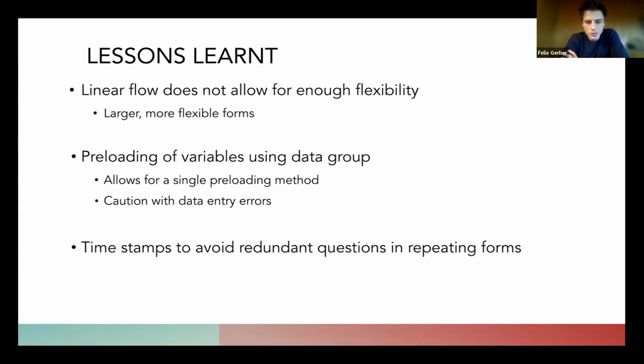We would recommend to do this with a method that is flexible enough, so not each time defining the variables for each task, but really choosing a set of variables that you know will be sufficient for the lifetime of your project. You have to be careful with data entry errors if you preload, because they can replicate. So maybe you also need to work around and use timestamps to avoid redundant questions if you have repeating forms.